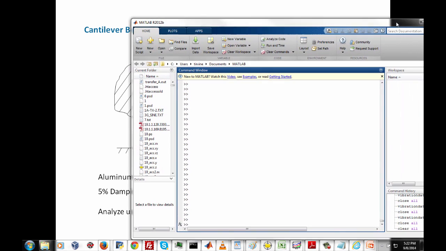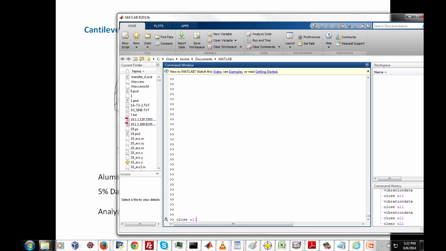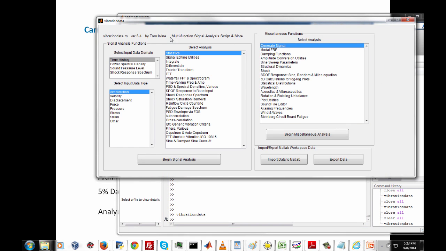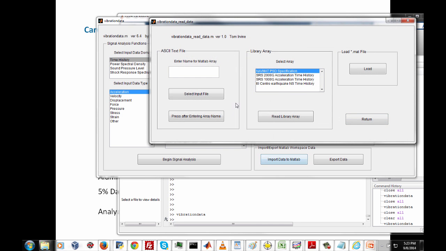One of the things we're going to do is go to our vibration data GUI, which is up to version 6.4 as I make this recording. We have a function here called import data to MATLAB. I'm going to call up a time history that we'll use in the second part of the webinar. It's a library function in this middle column, called SRS 1000G acceleration time history.